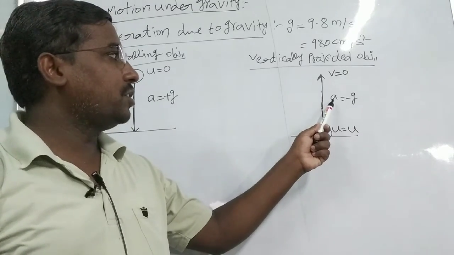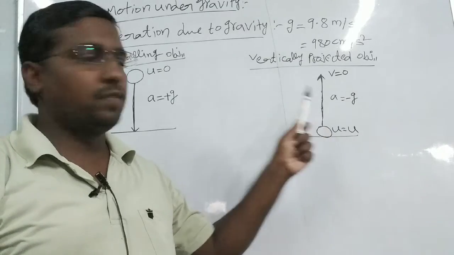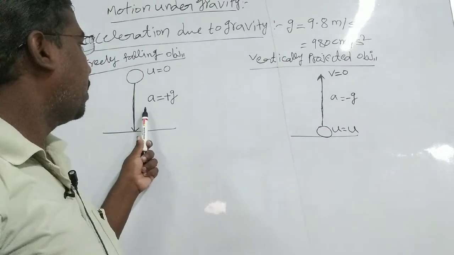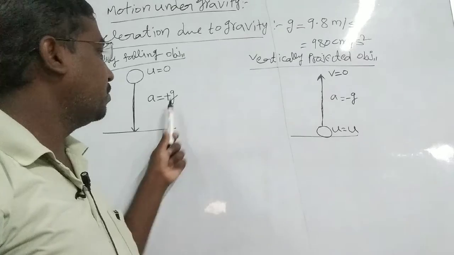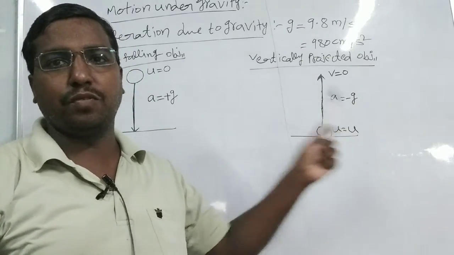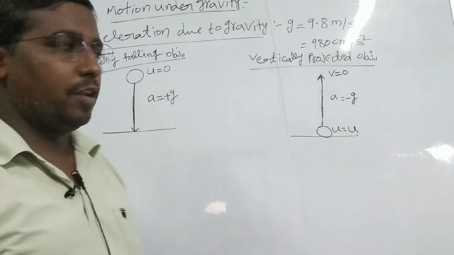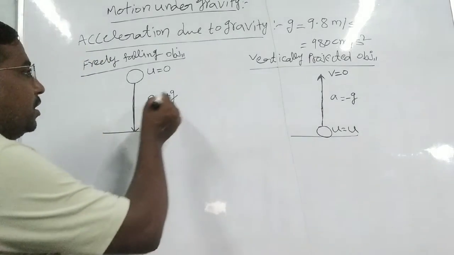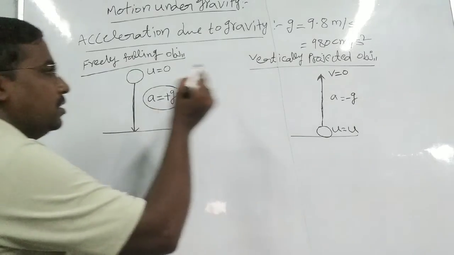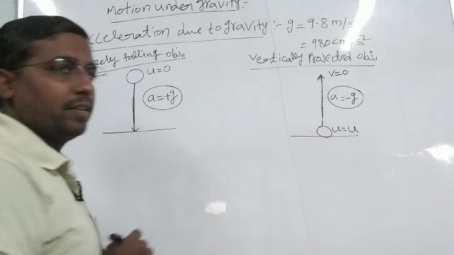This acceleration due to the earth is taken as positive for a freely falling body and negative for a vertically projected body. Very important point. In the freely falling case, a equals plus g; in the vertically projected case, a equals minus g.